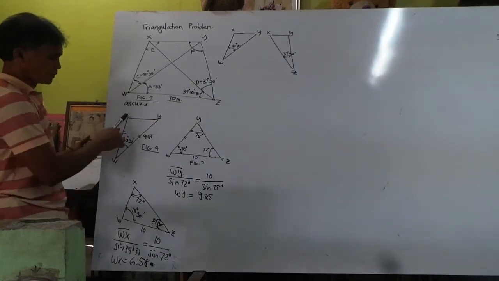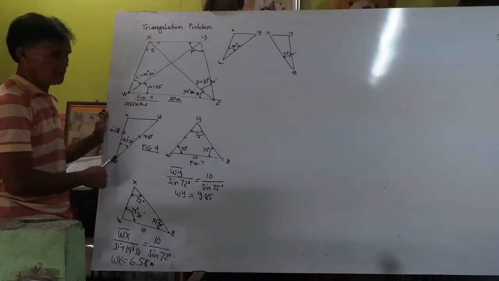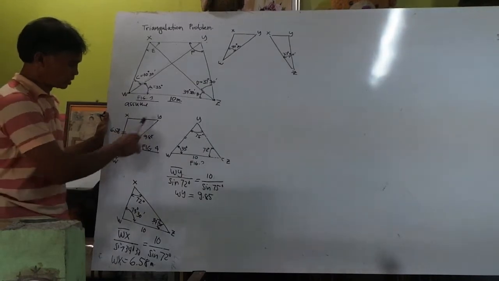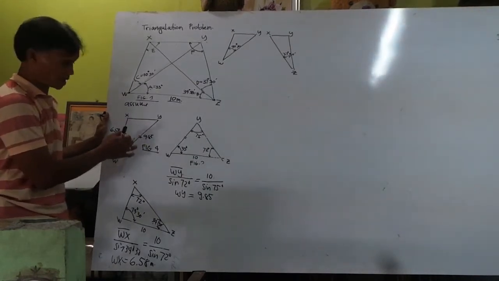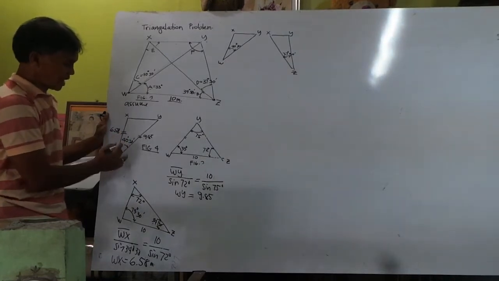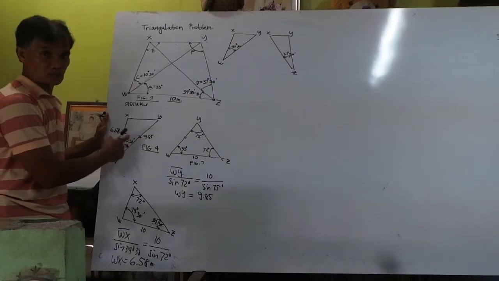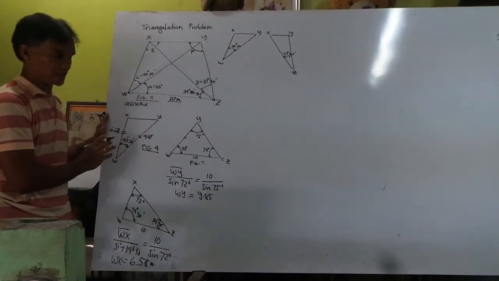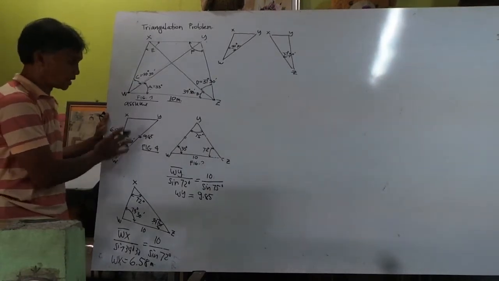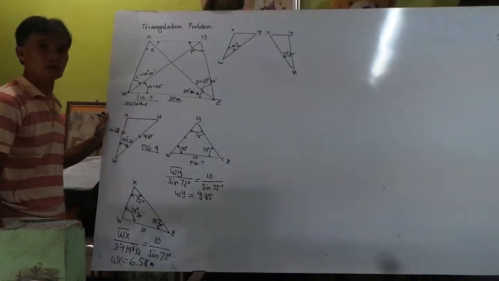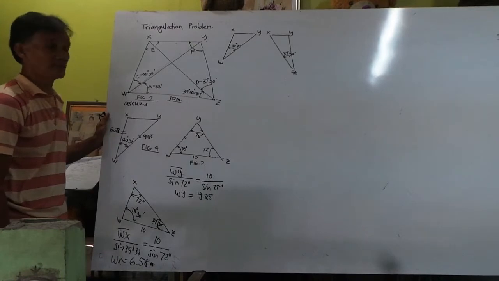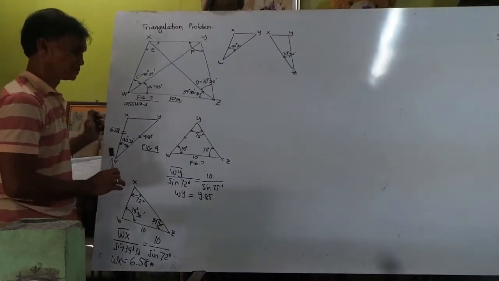So from figure 4, this triangle, you have a triangle with two sides determined and a given angle adjacent to the two determined sides. Meaning to say, we can use our knowledge of the cosine law to solve the length XY based on our assumption.